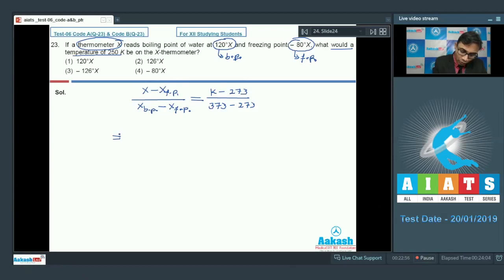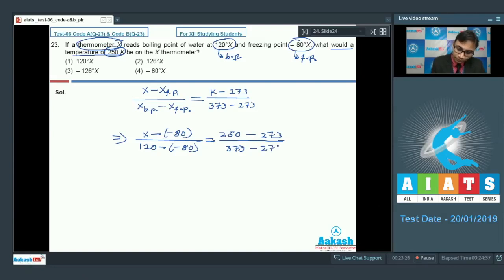So if I put the values here, we will get X minus freezing point, minus 80 degree X, divided by boiling point 120 minus freezing point minus 80. That will be equal to the 250 Kelvin we have to measure. So the temperature is 250 Kelvin minus 273 divided by 373 minus 273.